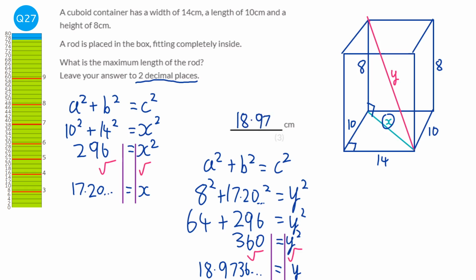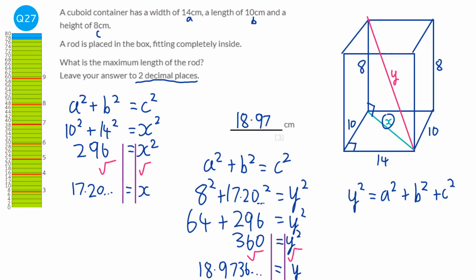Now a different way we could have done this is we could have worked out y straight away. I'm going to label the three lengths A, B, and C. And what you can do is y squared equals a squared plus b squared plus c squared.